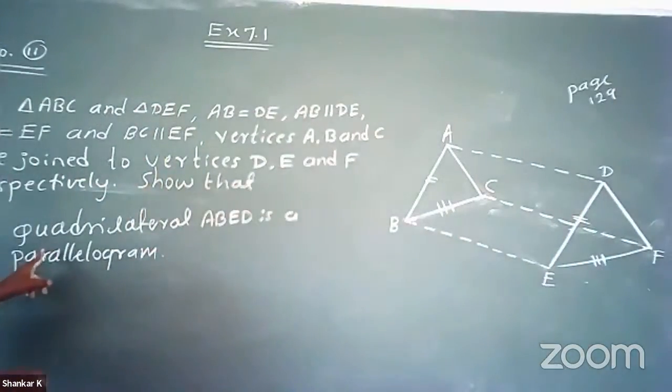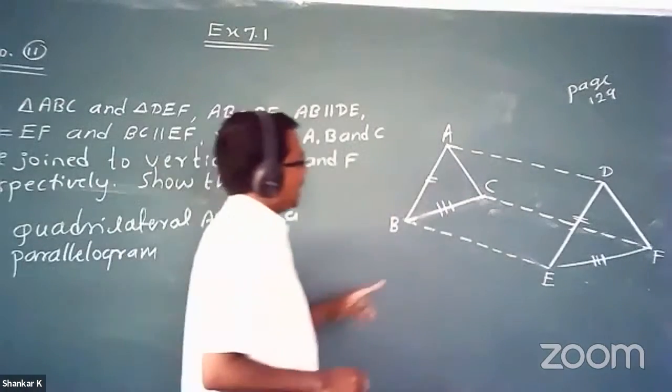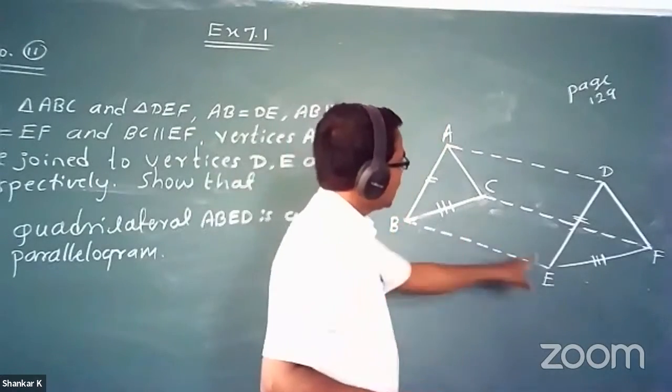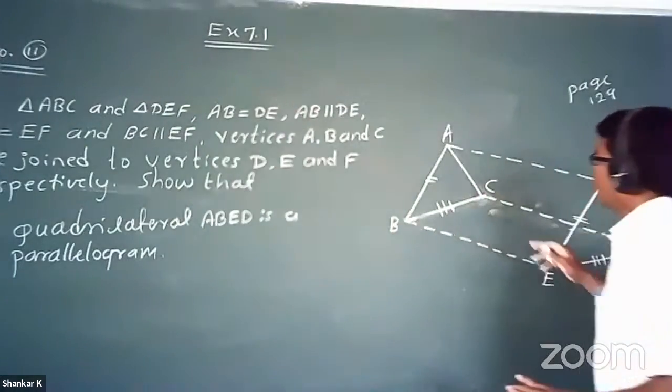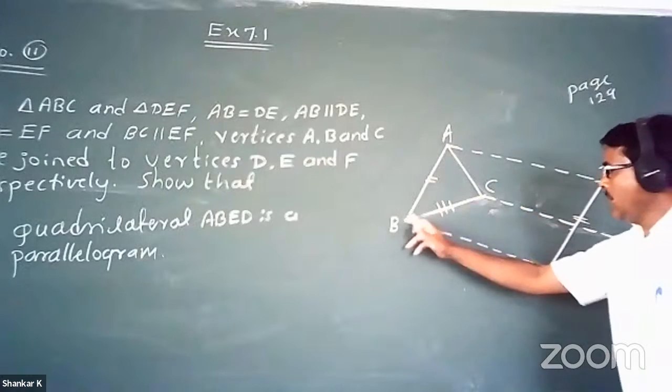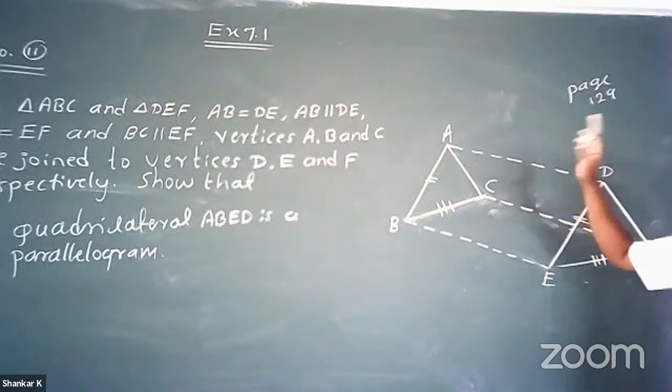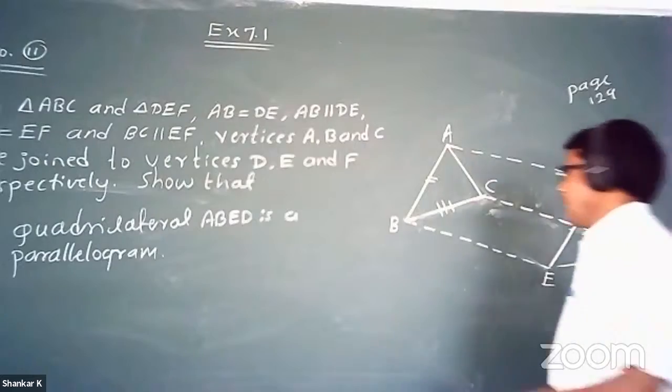First point, you should show quadrilateral ABED is a parallelogram. Where is ABED? A, B, E, D. After joining, you have got a quadrilateral ABED, and you should show it is a parallelogram.